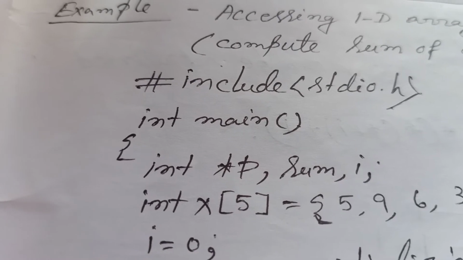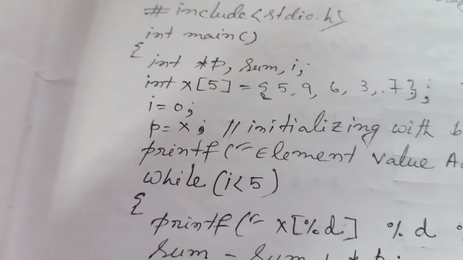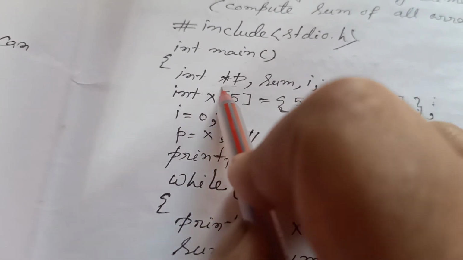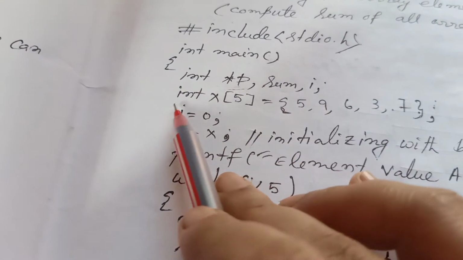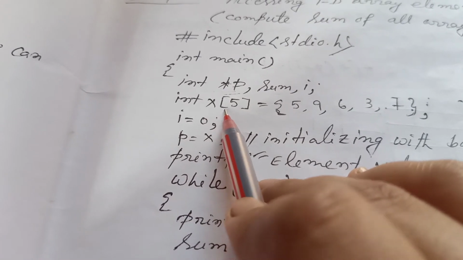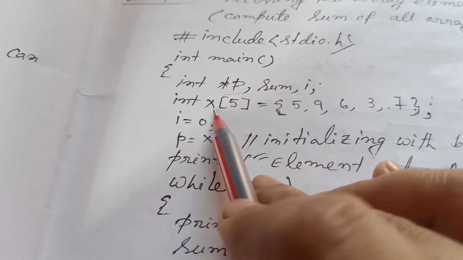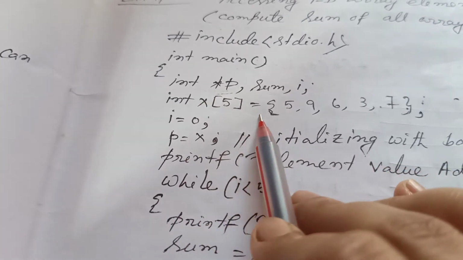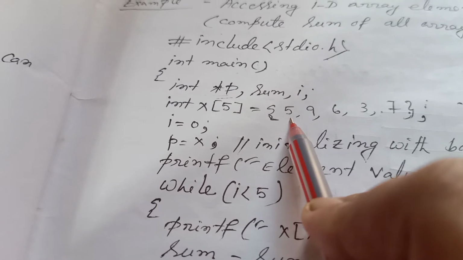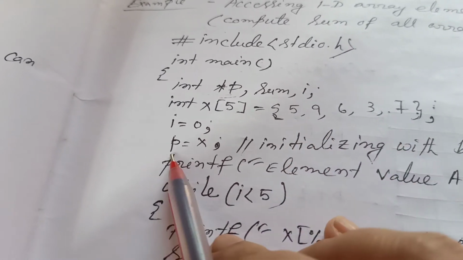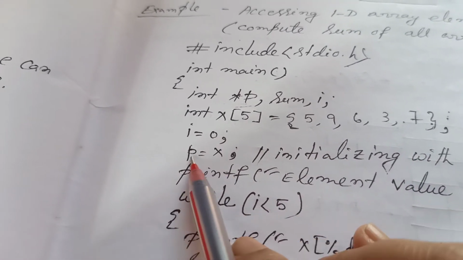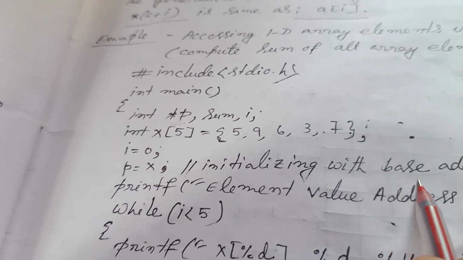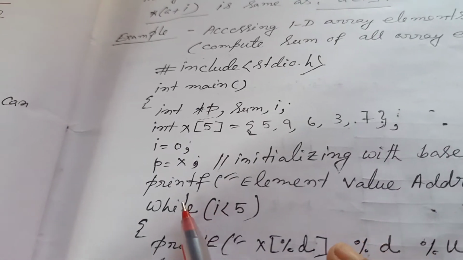It starts with include stdio.h, int main starts, then the declaration part: int *p, sum, i, int x[5] equal to, x is the array name and the array size is 5 with 5 elements, and the elements are 5, 9, 6, 3, 7. i starts from the 0 index, p = x, initializing with the base address.